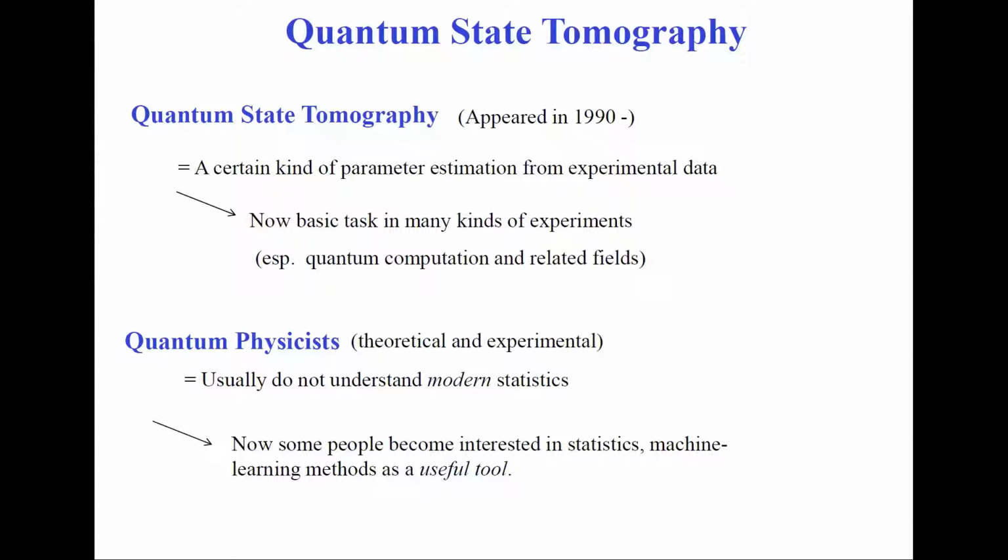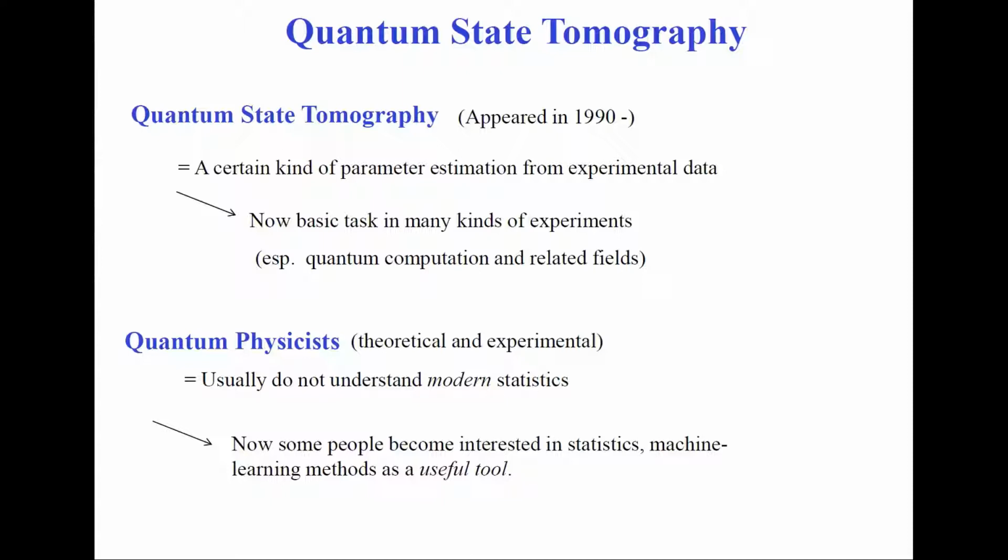And it has now become a very basic task in many kinds of quantum information experiments. So you know the words quantum computation, quantum computer, and these tools are used in this exciting area.